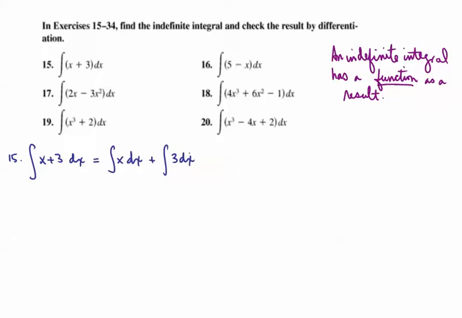So a couple of things to pay attention to here. We can do each of those antiderivatives without doing separate integrals. And second of all, a constant multiplier can come out through the integration symbol. So this is just like integral x dx plus 3 integral dx.